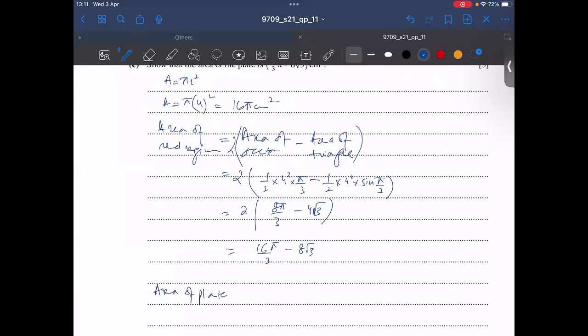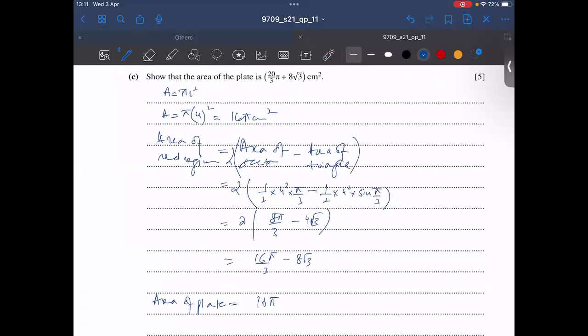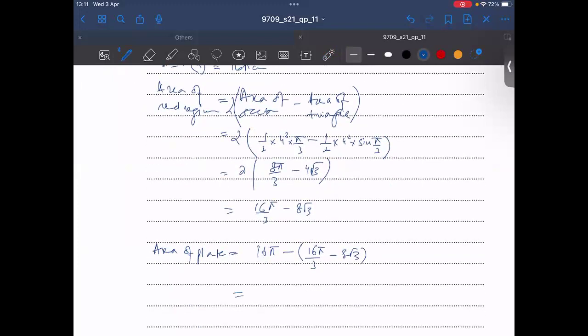Area of plate is going to be area of circle, which is what? 16 pi minus 16 pi by 3 minus 8 square root of 3. Is it clear or not? It's going to be 32.